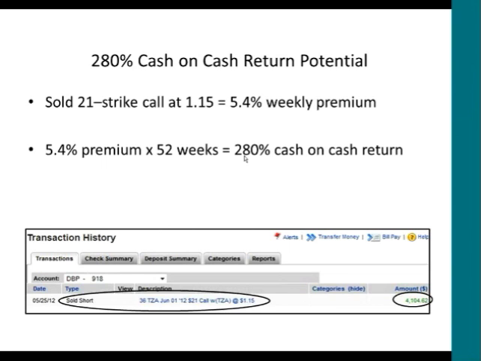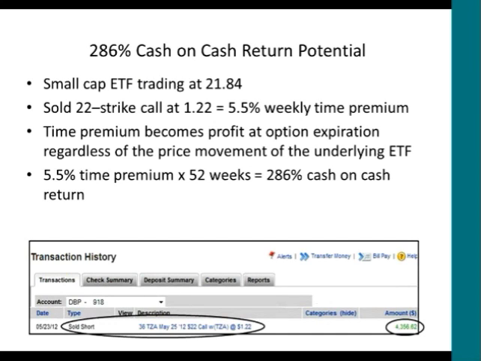And even if the underlying index goes against you, collecting this cash-on-cash return, you can still be profitable, even if the underlying ETF moves against you substantially. So here's an example. The TZA was trading at 21.84. I sold 36 of these 22 strike calls at 1.22, and that worked out to 5.5% weekly time premium.